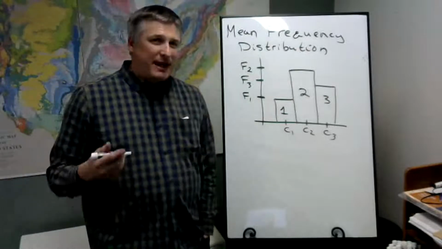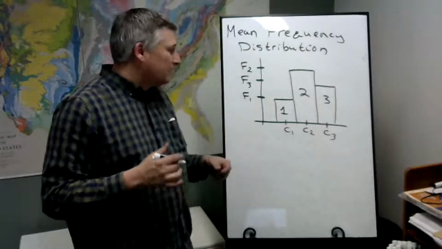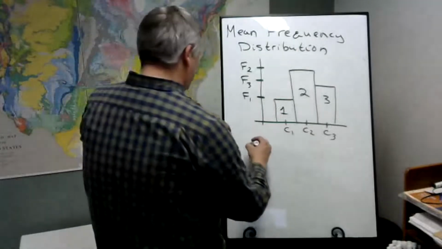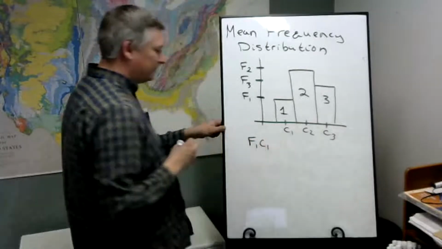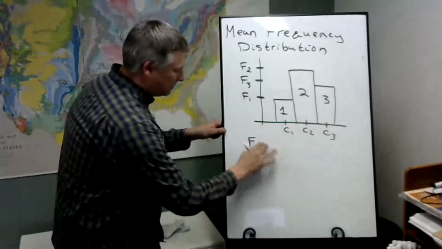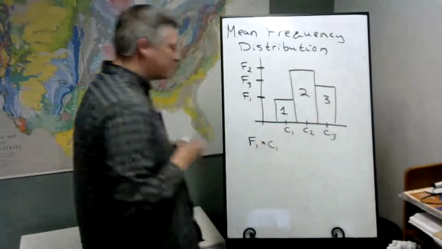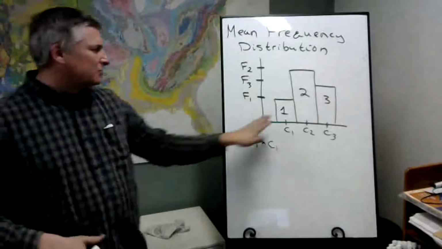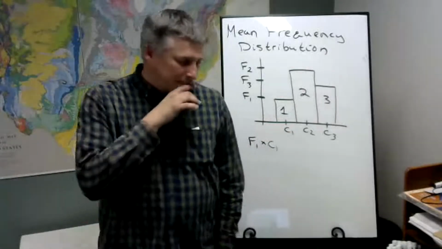If we want to come up with an average or a mean for basically a histogram, this is what we're going to do. We'll take the frequencies and multiply them to the class midpoint. Now, when we talked about constructing histograms, we talked about constructing them from frequency tables.